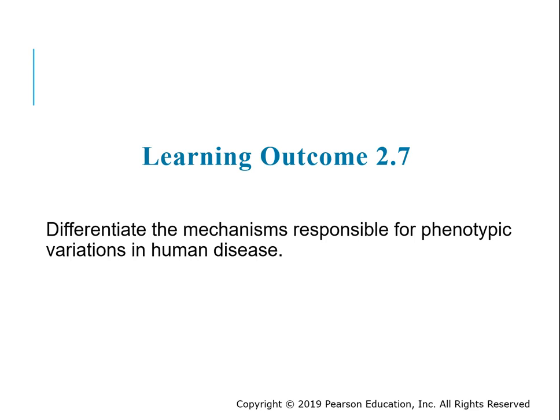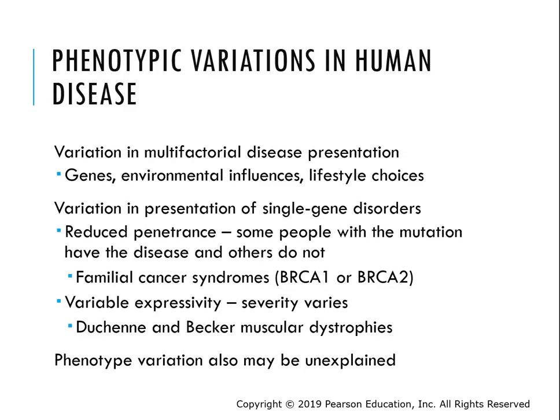So we can talk a little bit about why. I mean, there's not really any clear-cut reason why. So variation in multifactorial disease presentation, genes, environmental influences, lifestyle choices, those are reasons why we see such a variety in disease presentation, okay? Even in single gene disorders like we talked about, you still will see variation.